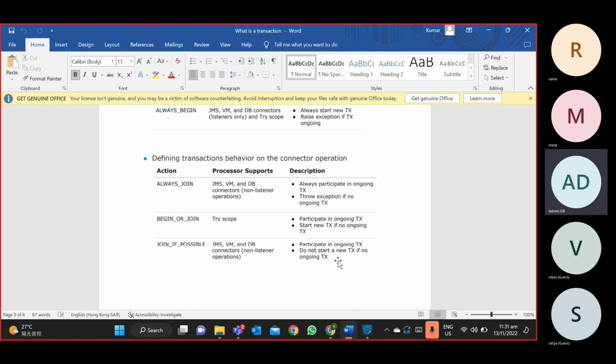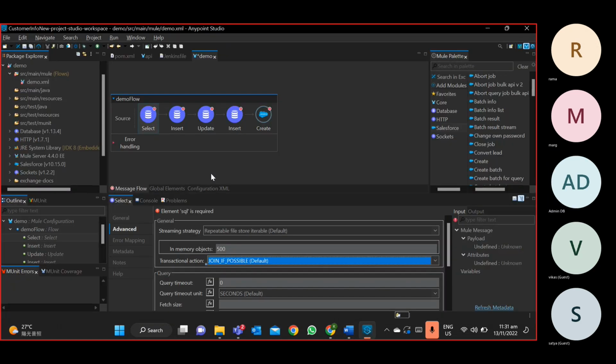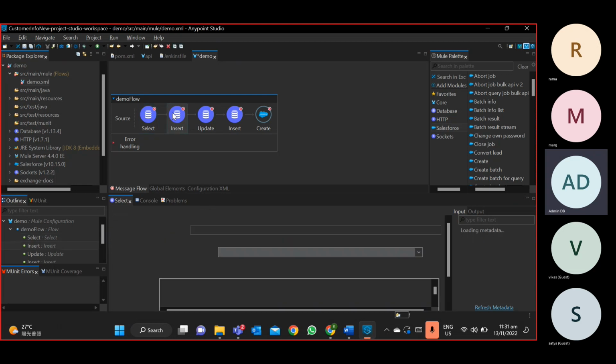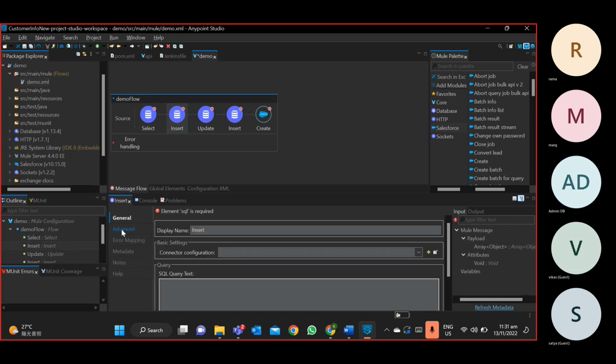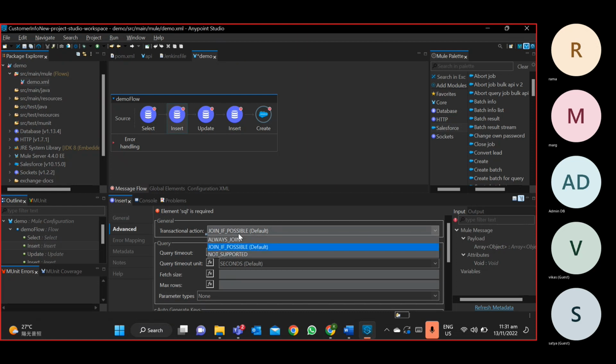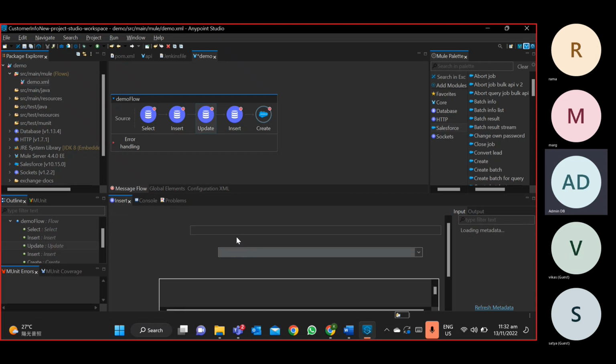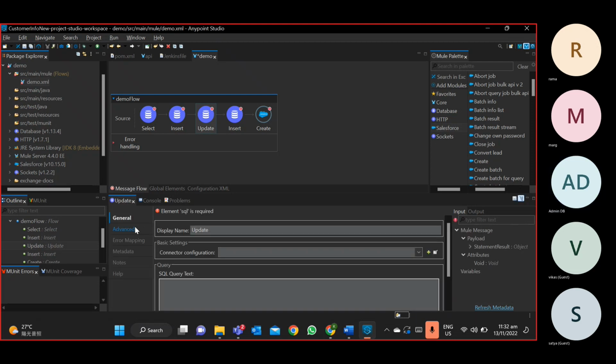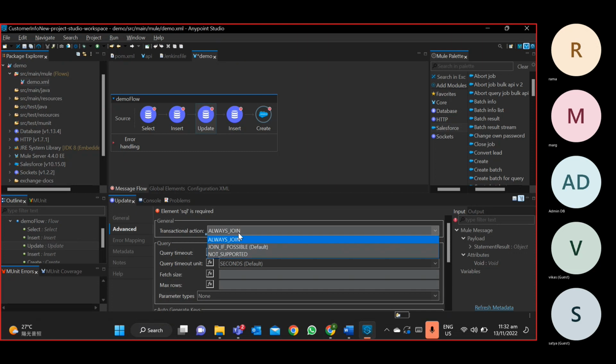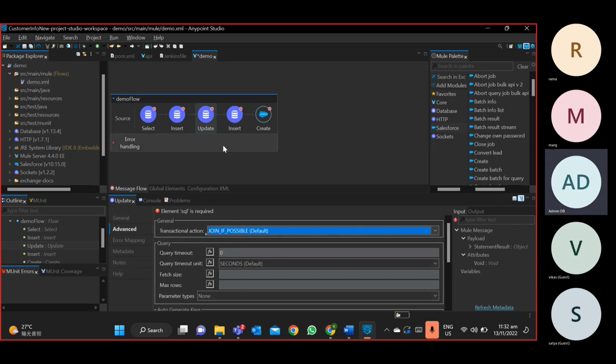So this part, is everyone clear or not? This part is very critical. Let's say here we have three operations. For the first one, I created not supported. For the second, I created join if possible.